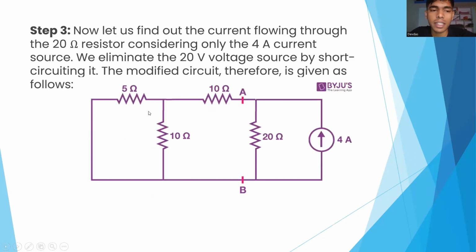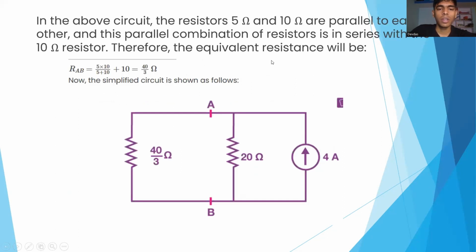To simplify the circuit, you can see that 5 ohm and 10 ohm are in series, in parallel with each other, and when you take this equivalent circuit, this and this are in series with each other. Now you can see 40 by 3, that's the total resistance of the 5 and 10, and the other 10 over there.